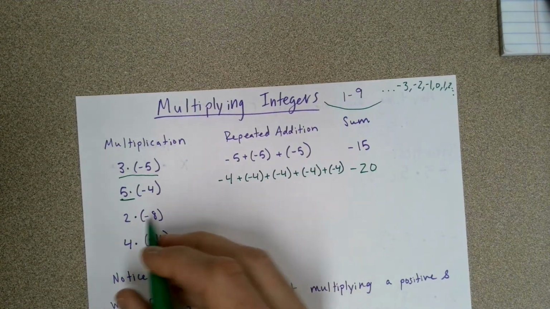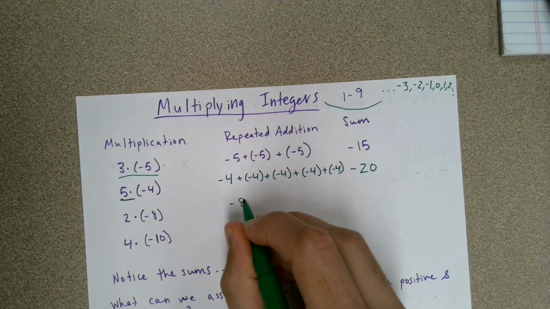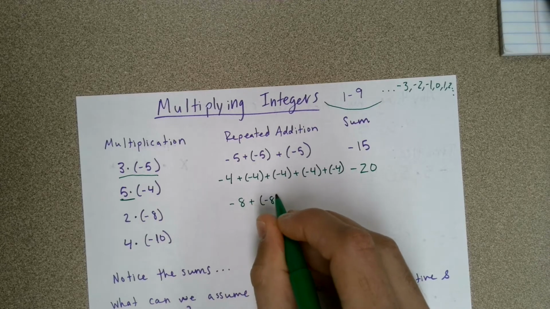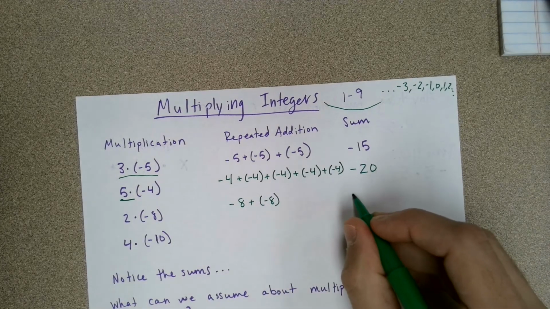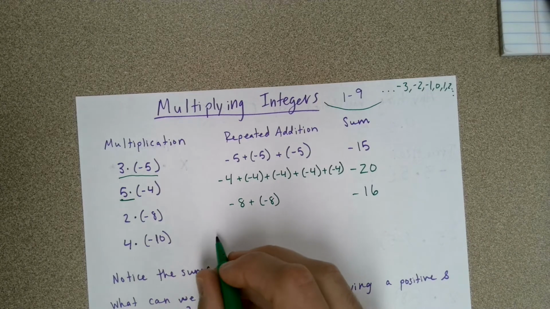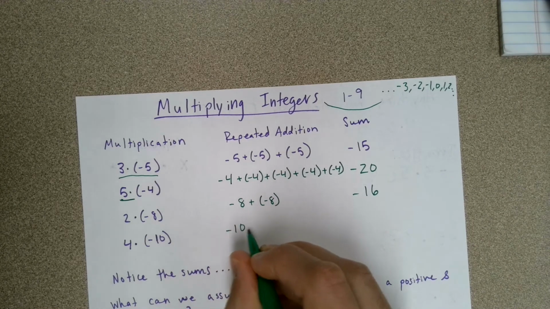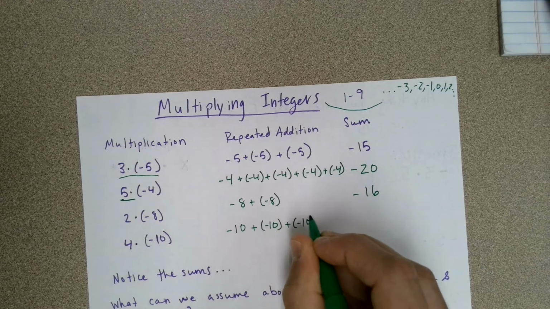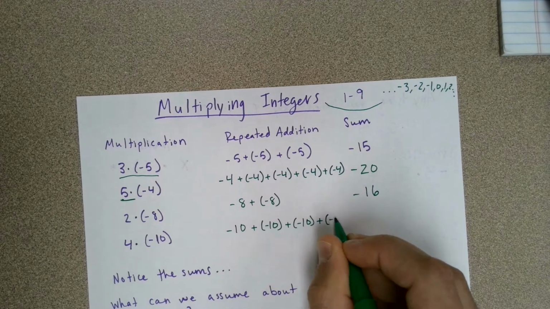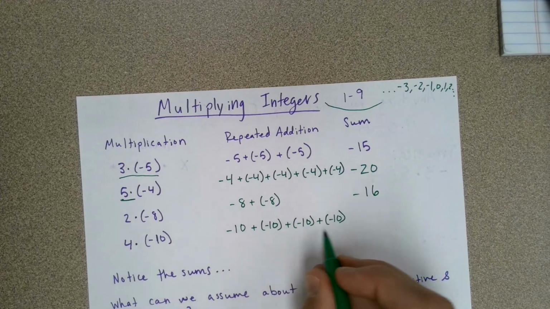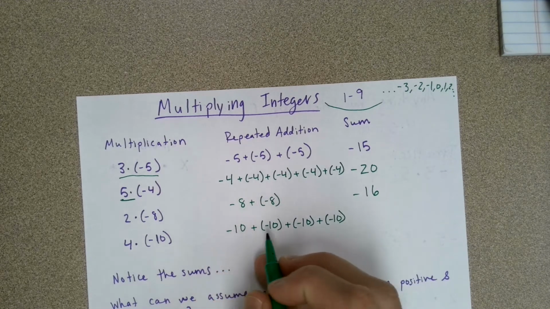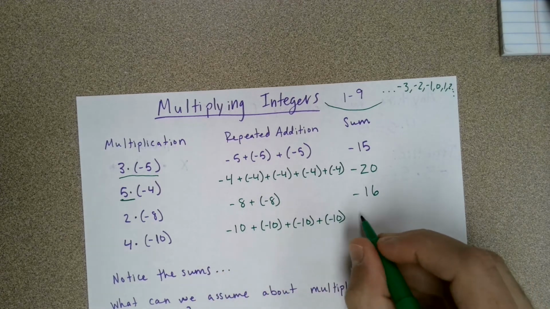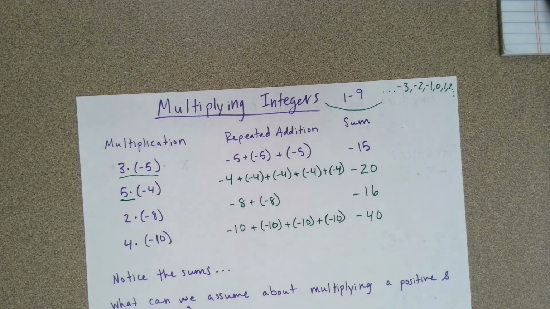The next one, we got 2 times -8, so that's just -8 plus -8, 2 times, and that would be -16. Finally, 4 times -10, so -10 four times. And as we know, when we add those up, we get -10, -20, -30, -40.